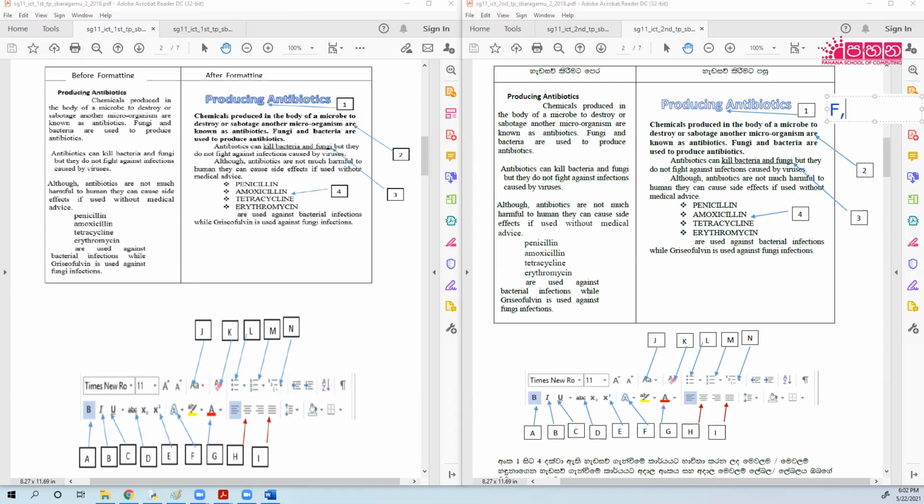It's also centered, isn't it? Before formatting, it is left aligned, and now it's center aligned, right? So two tools we have to use: F, and then the center, that is H. The answer to the first one is F, H.